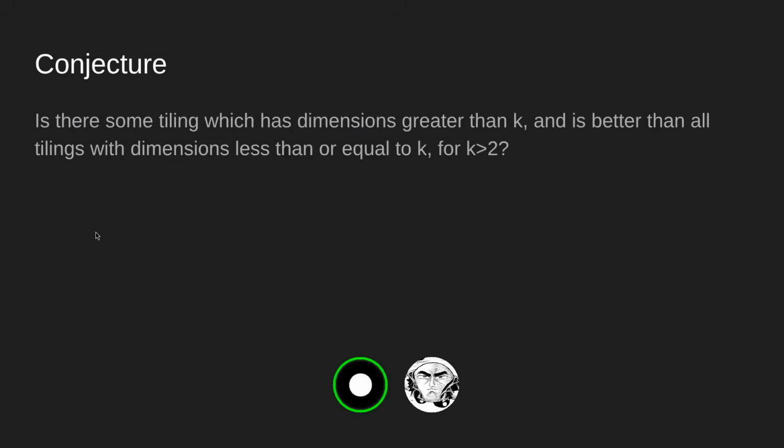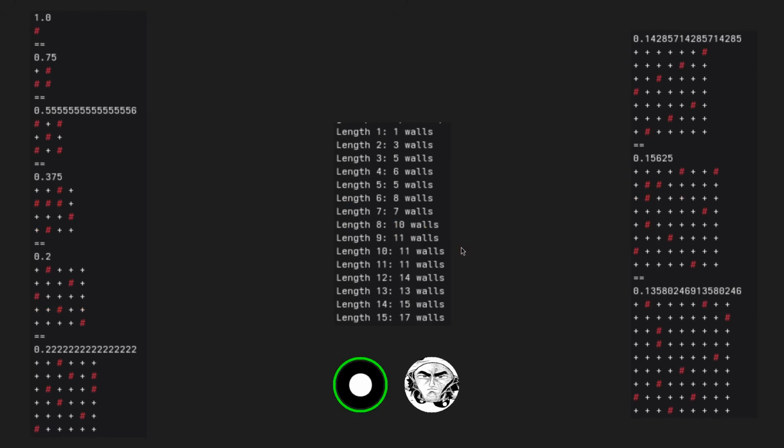Okay, so new conjecture. Is there some tiling which has dimensions greater than k and is better than all tilings with dimensions less than or equal to k, for k greater than 2? So in other words, in the case of this tiling here, it was smaller than the 6x6 tiling.